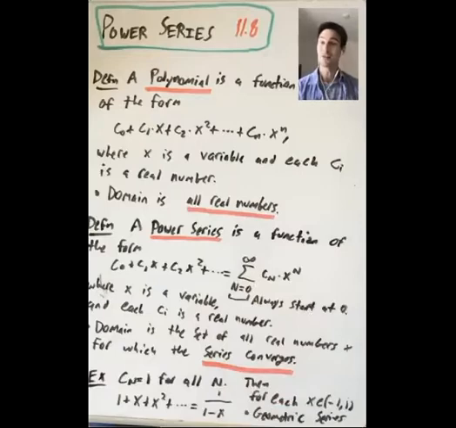When does that converge? Well, that is a geometric series where the ratio between any two consecutive terms is x. For any real number x you put in, you get a geometric series where the common ratio between consecutive terms is x.